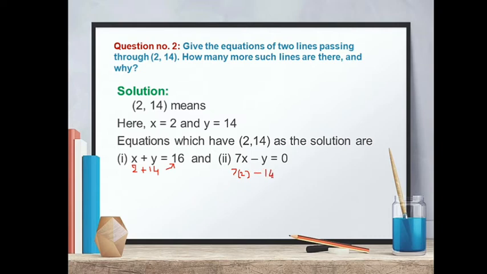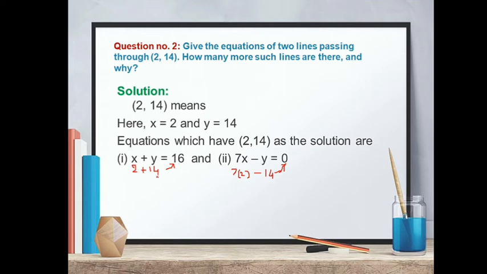So 14 minus 14 becomes 0. So yes, it is possible. So the equations which have (2, 14) as a solution are x plus y equals 16 and 7x minus y equals 0.